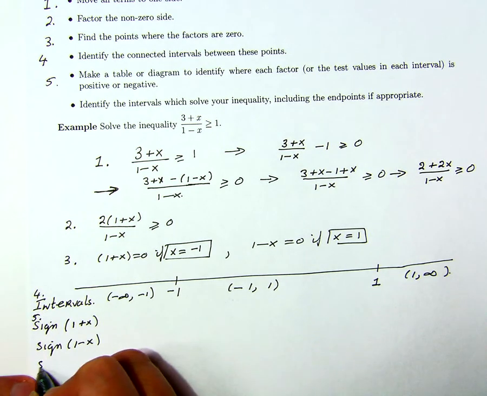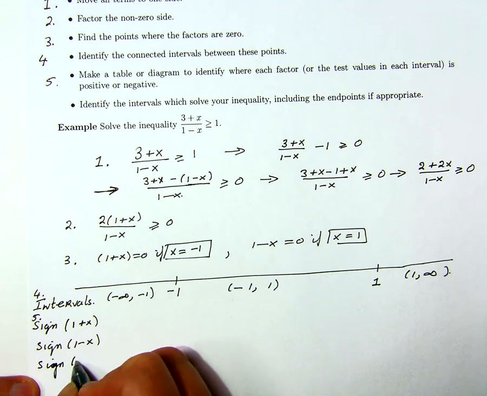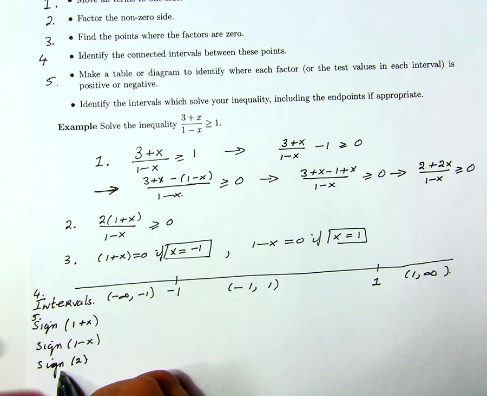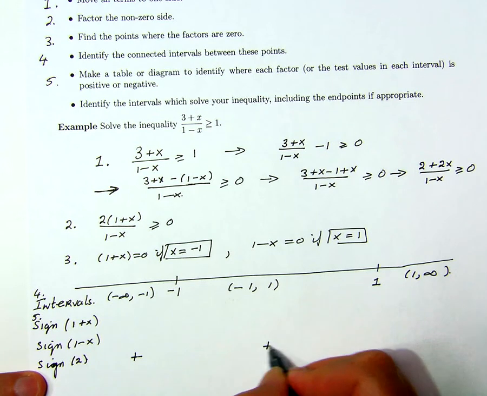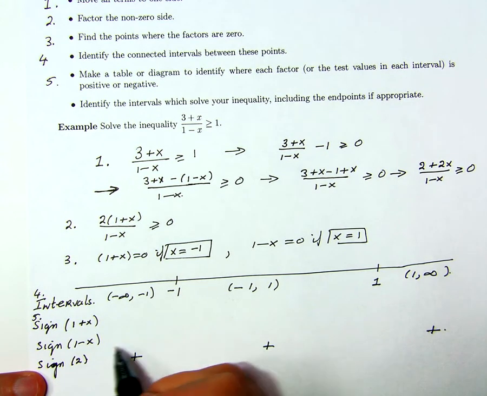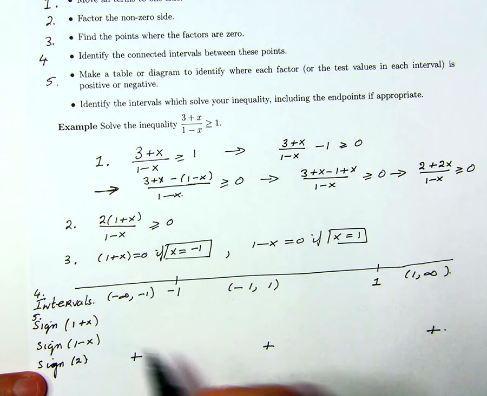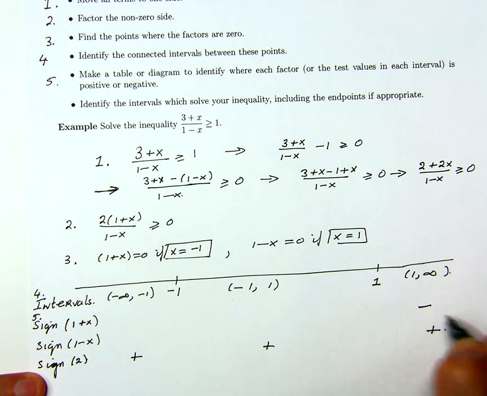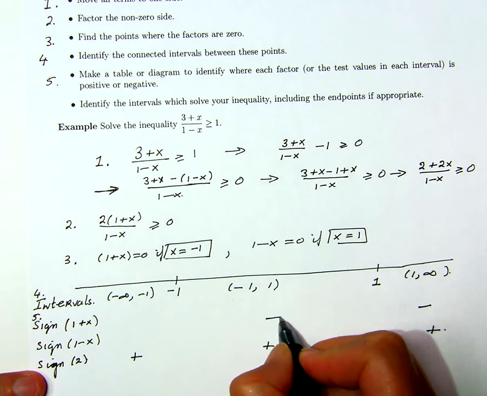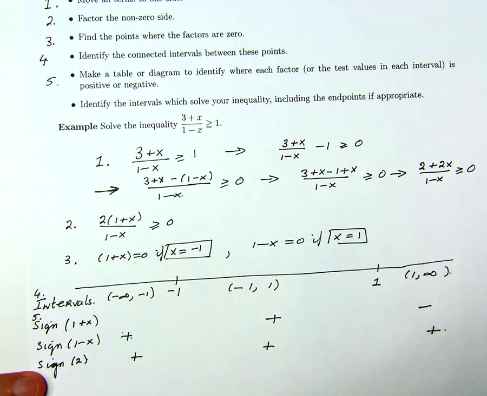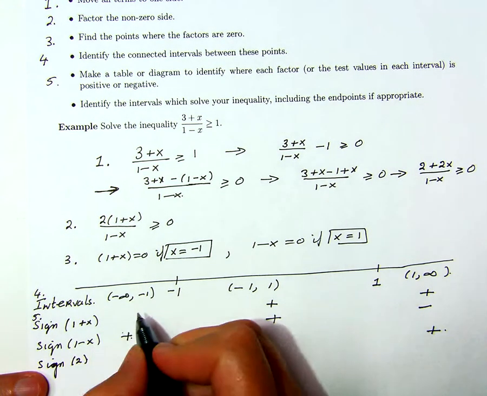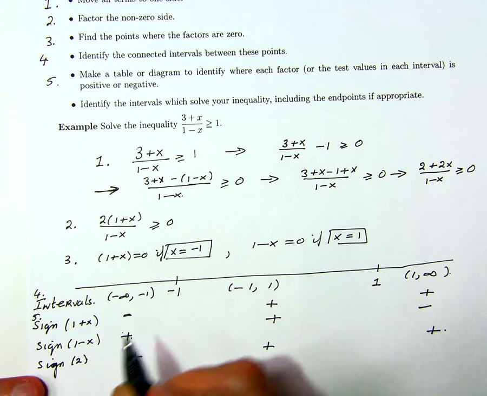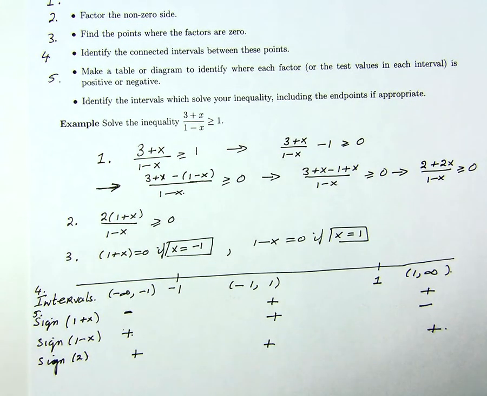And I'll put in the sign of 2 there, although it's obvious that's always positive. 1 minus x is going to be negative for x bigger than 1 because I'm subtracting something bigger than 1 from 1, and then it's going to be positive for x less than 1. And 1 plus x is going to be positive for x bigger than negative 1, and it's going to be negative for x less than negative 1.